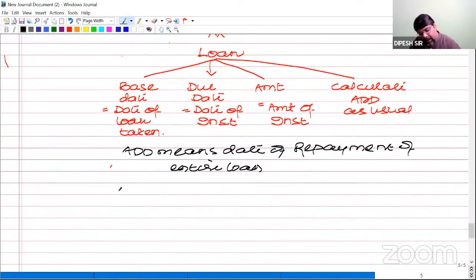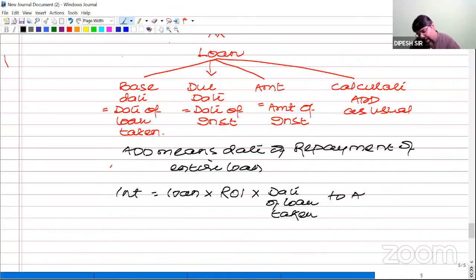Therefore, interest is equal to loan into rate of interest into date of loan taken to ADD, that is the total period, because ADD represents what?